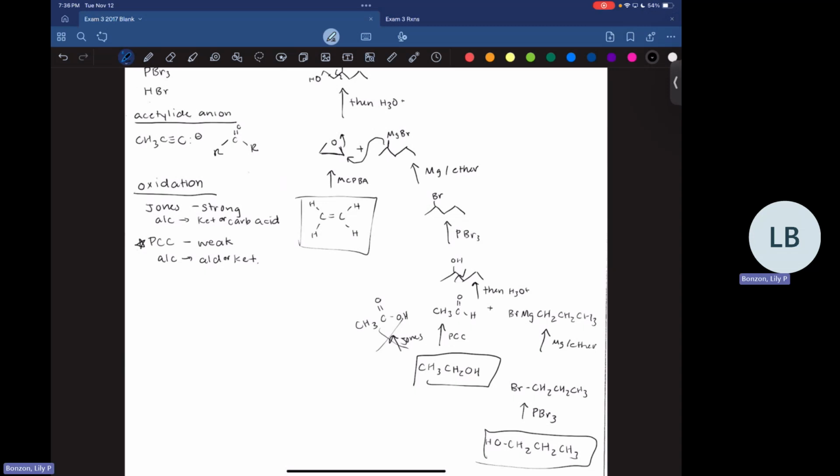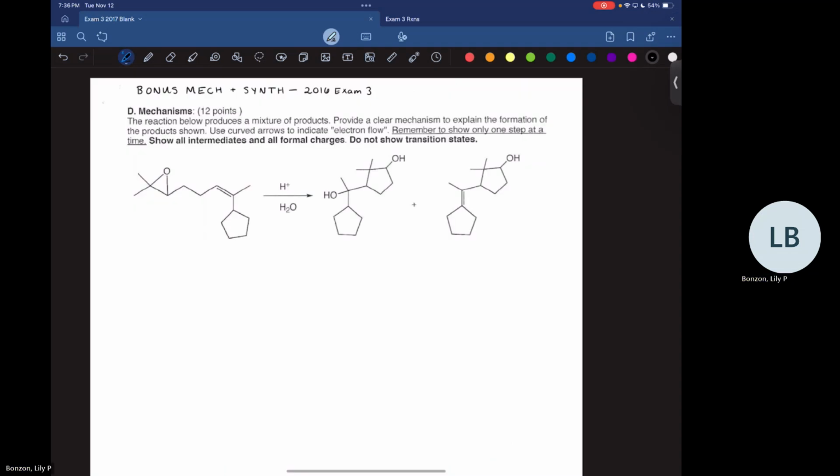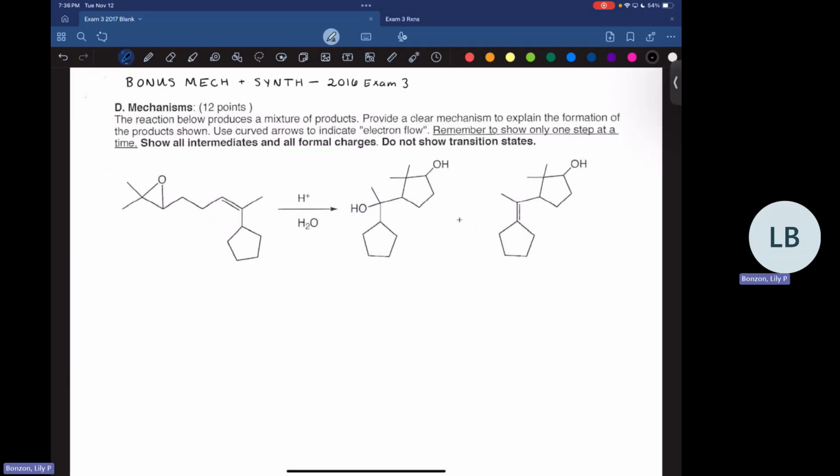Okay, I'm going to go ahead and get started. We're doing the 2016 exam 3. This one's kind of funky looking. We have a similar situation to the previous mechanism: an acidic condition, a double bond which could be our nucleophile, and also an oxygen which could be a nucleophile. Like we talked about in the previous mechanism, oxygen is generally a stronger nucleophile, and epoxides are super reactive because in addition to the lone pairs on the oxygen, the epoxide has ring strain in that cyclic triangle structure.